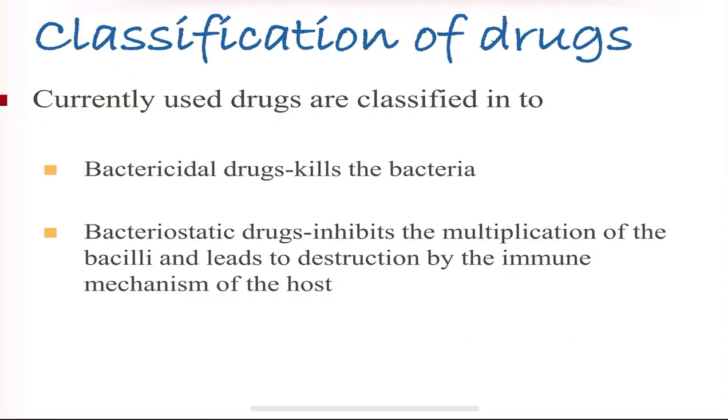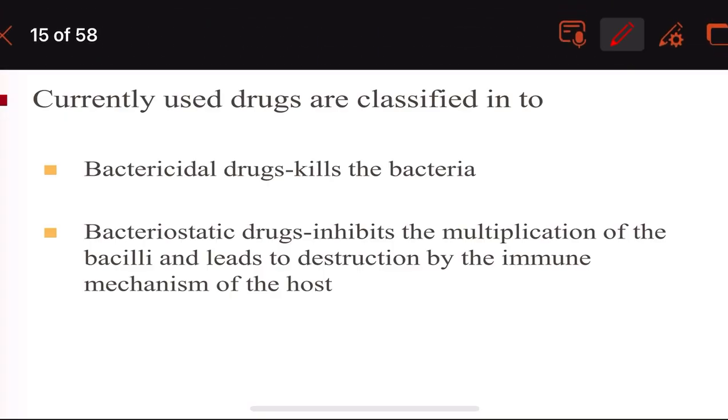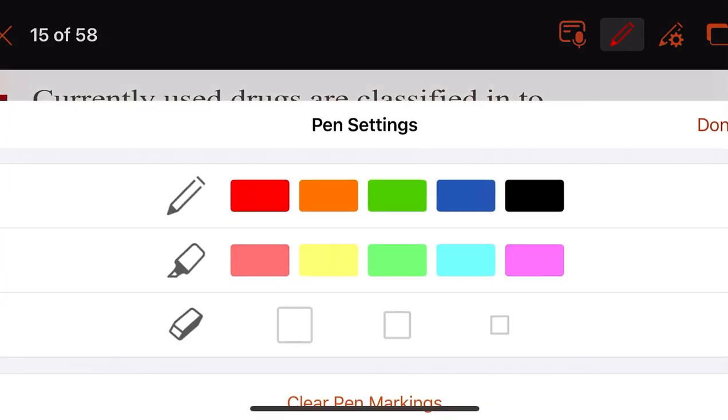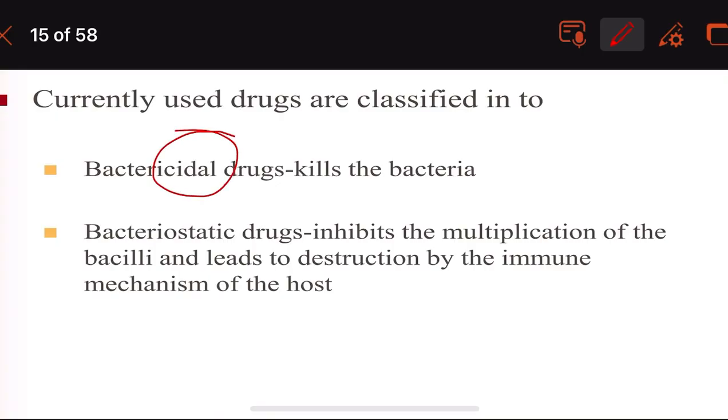Classification of drugs. Currently used drugs are classified into bactericidal drugs, which will kill the bacteria, or bacteriostatic drugs, which will inhibit the multiplication of bacilli and lead to destruction by the immune mechanism of the host. So, bactericidal. Cidal, it kills the bacteria. Is it clear? Bactericidal drugs will kill the bacteria, whereas static is inhibiting the multiplication.